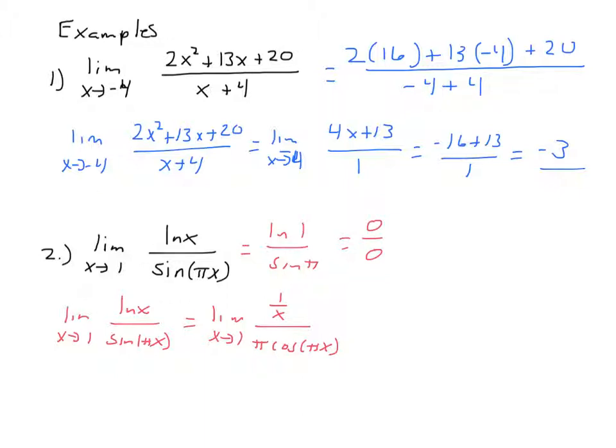If I plug 1 in there, that's 1 over 1, which is 1, and pi times the cosine of pi, where the cosine of pi comes out to be negative 1. So this results in negative 1 over pi. So the limit as x approaches 1 of natural log of x over sine pi x comes out to be negative 1 over pi.